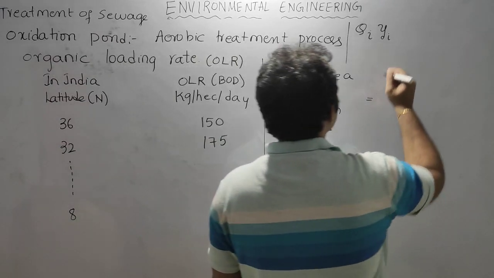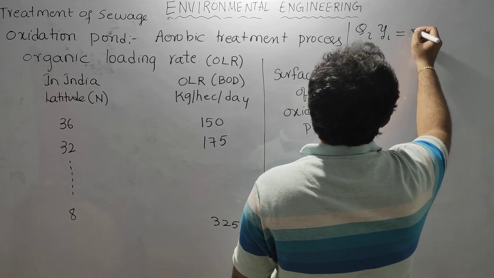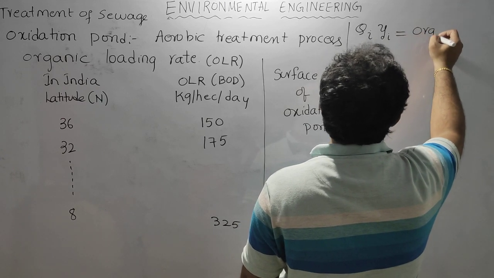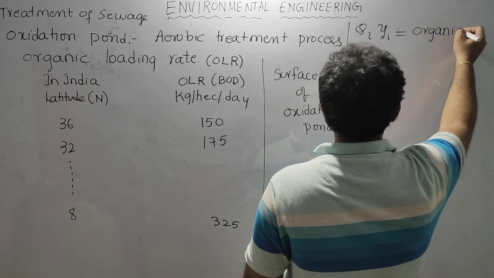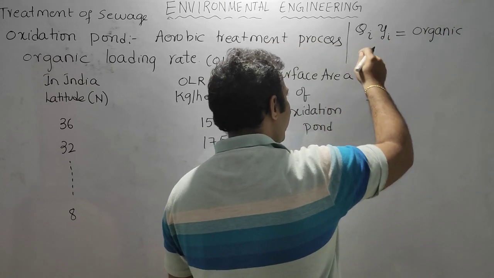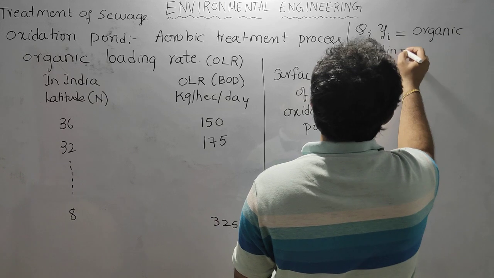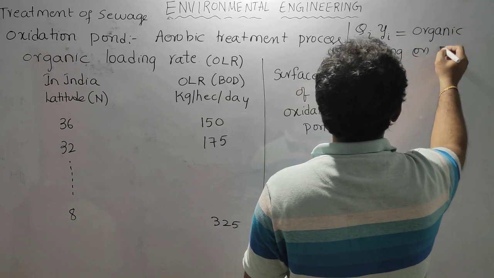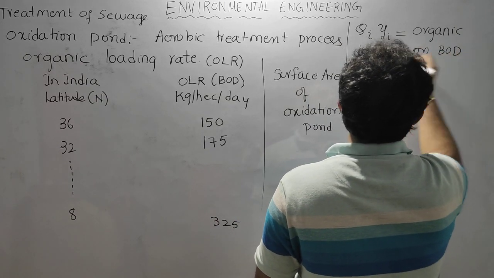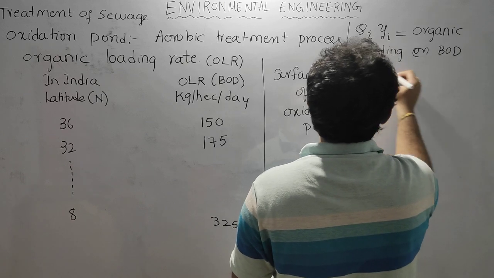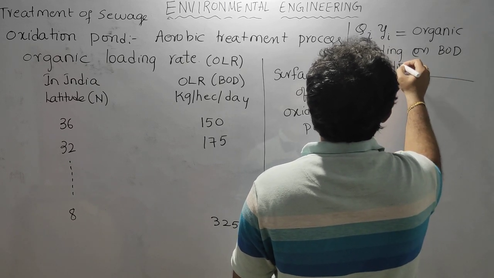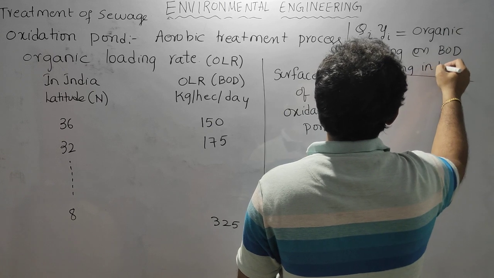So Qi times Yi is the organic loading, not the organic loading rate. It is the organic loading, or BOD loading, in kg per day.